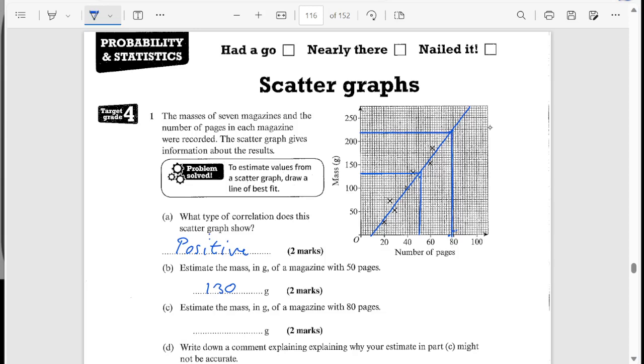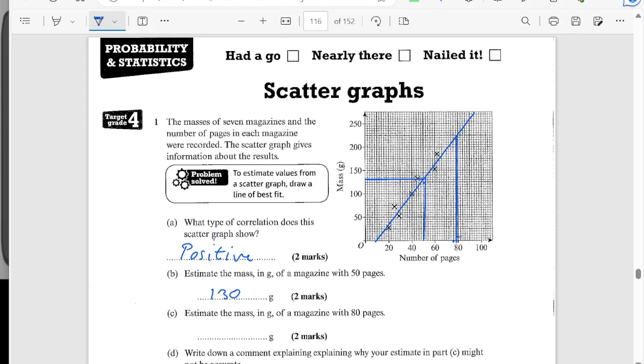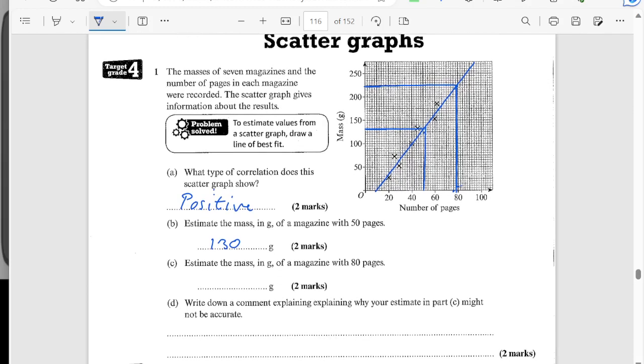I've got a bit low on my second line there. Let's just increase this ever so slightly. So I'm looking roughly 225.